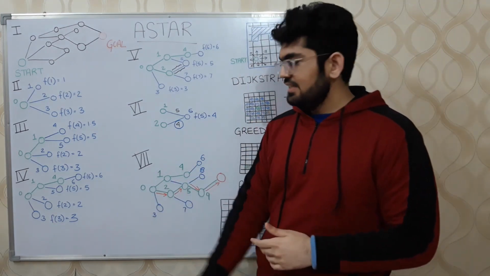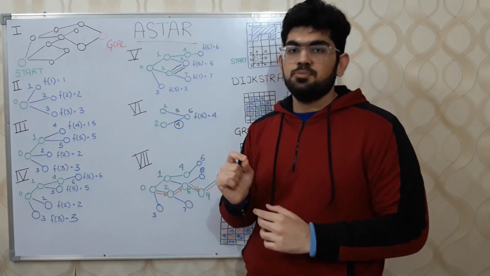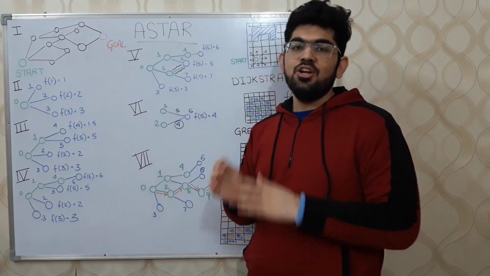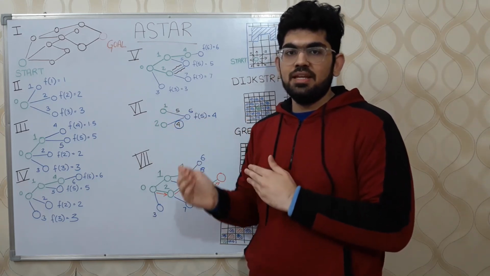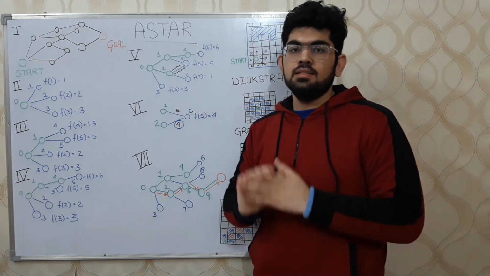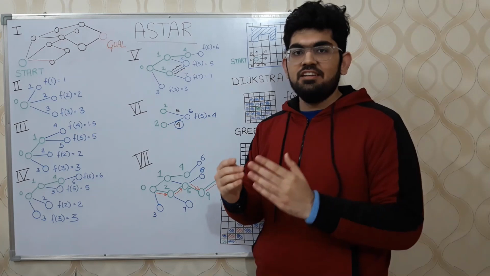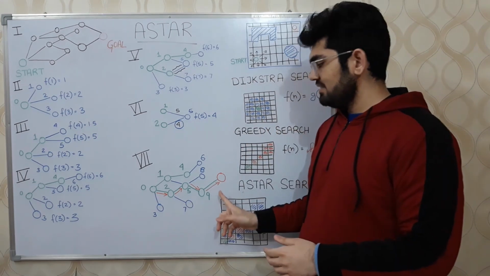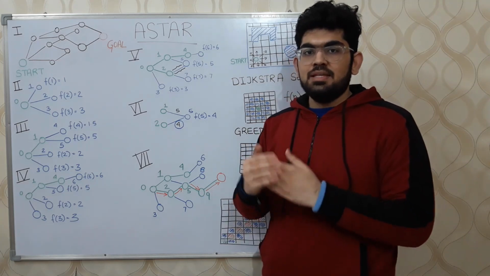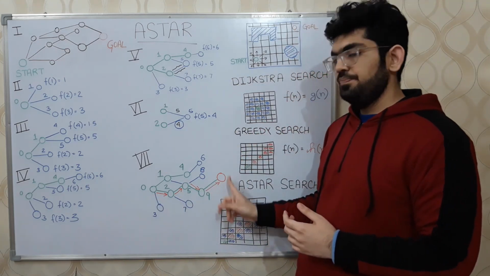Again, considering this state of the graph, we select the minimum f value, which corresponds to node 2. As we can see in the next step, node 2 is expanded to the neighboring nodes 5 and 7. Similarly, as we keep on going through this process, eventually we reach the goal node, and we can use backtracking to determine the path from the start node to the goal node.